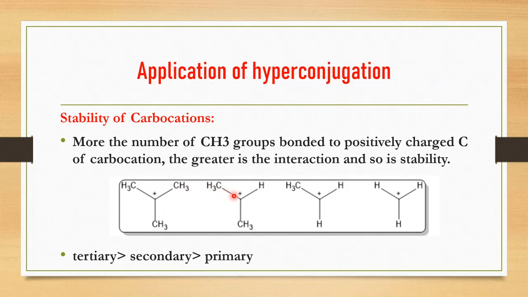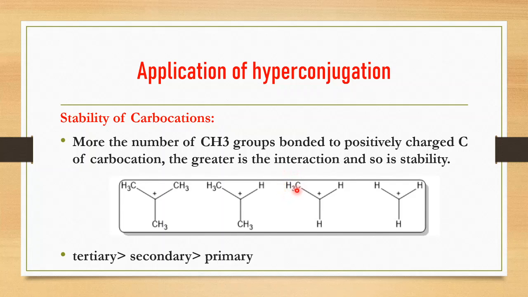If you look at this structure, the central carbon has one adjacent carbon and another carbon. Both these carbons have 3 hydrogen. So again it can show hyperconjugation, and it will show hyperconjugation because of 6 hydrogen. In this structure there is only one carbon and this carbon has 3 hydrogen atoms.